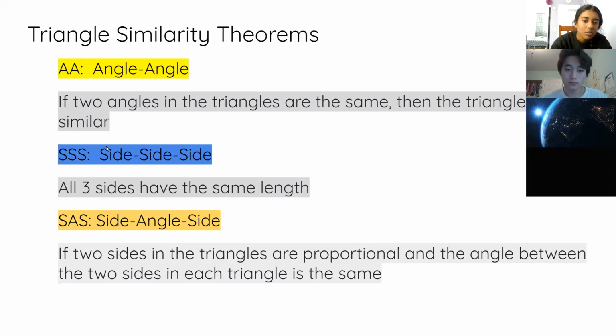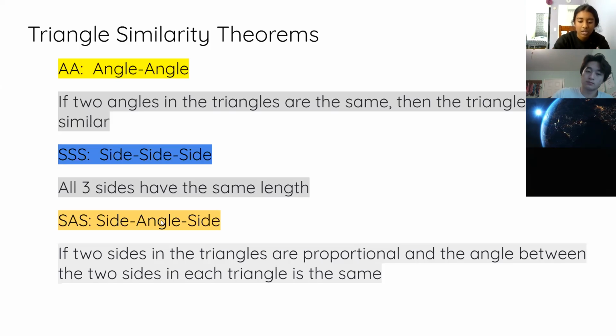If two angles in the triangles are the same, then the triangles are similar. This is just saying that if the three angles in two triangles are the same, then they're similar. They're not congruent because they can be scale copies of the same thing.